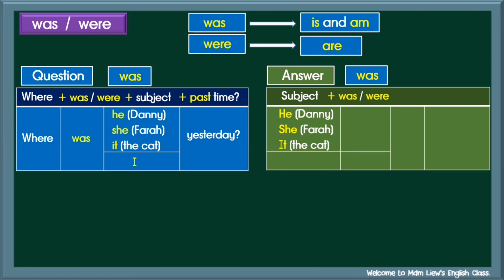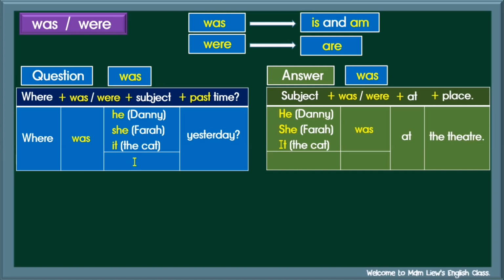Remember, for singular subjects he, she, it, you need to use was, followed by the preposition at. Then the place. Example, the theater. And don't forget the full stop.